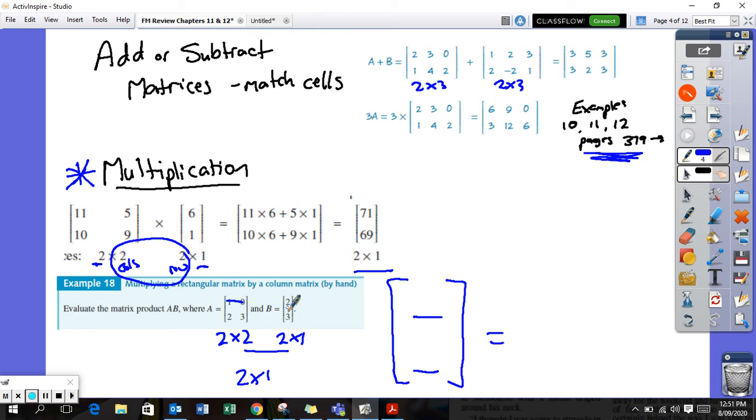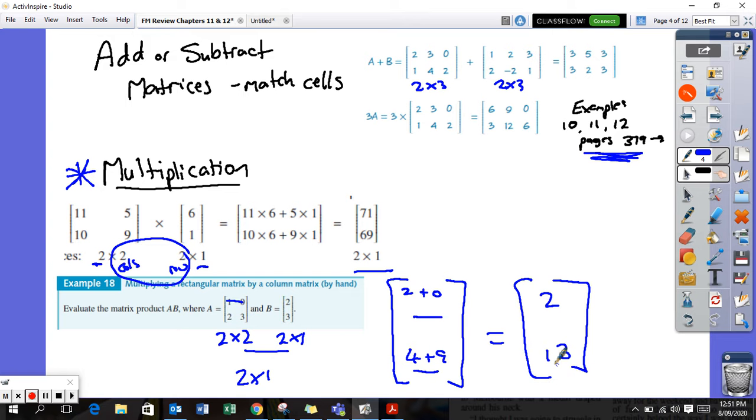So 1 times 2 is 2, plus 0 times 3 is 0, so our first number is 2. Then we go the second row with the column. 2 times 2 is 4, plus 3 times 3 is 9, so the second value is 13.